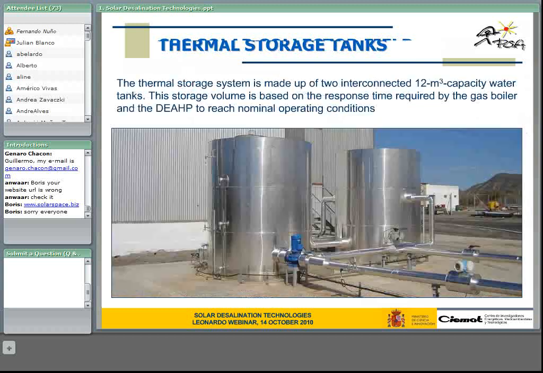This is the thermal storage system. It is quite small, a 12 cubic meter capacity, just about 30 minutes at maximum. It was designed just to make possible the transition from the solar mode to the gas mode, to the absorption heat pump mode.